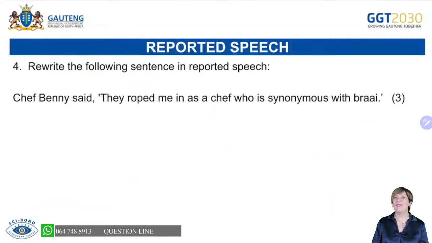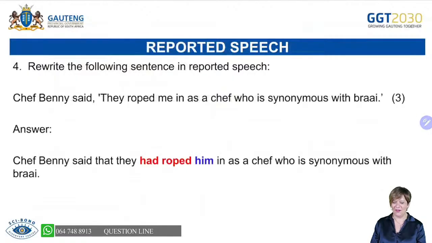Right, here's another one, reported speech. Now I want to give you a tip quickly. Look at the mark allocation. This one counts 3 marks. It gives you a good idea. I need to change at least 2-3 things. Let's quickly look at this one. Chef Benny said that they, there's not a pronoun we need to change here, roped.